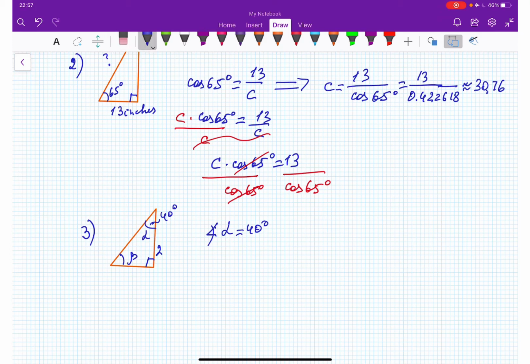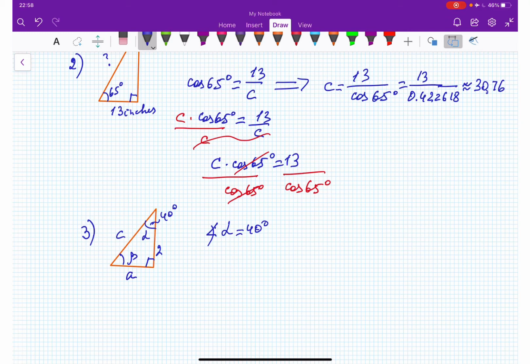So what else do we have? We have this leg is A, another leg is 2, and the hypotenuse is C. So this time we are given one leg and an angle. We need to find angle beta, and we need to find both sides, leg A and hypotenuse C.